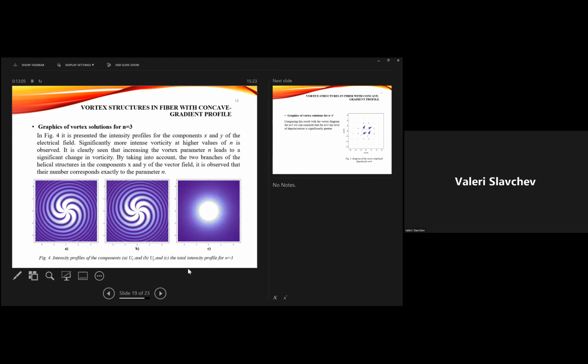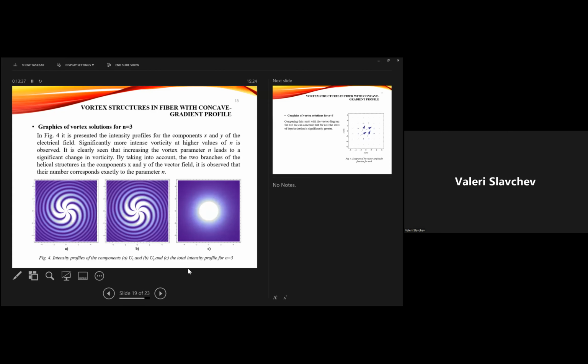For the other case, when the vortex parameter n is equal to 3, the profiles of components x and y of the electrical field are presented again. Here, you can conclude that significantly more intense vorticity is observed at the higher value of n, and it's clearly seen that increasing the vortex parameter leads to a significant change in vorticity.